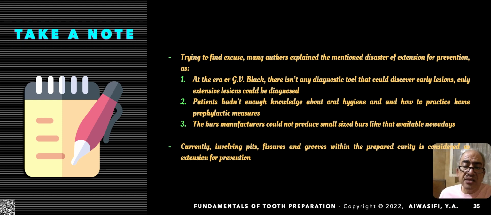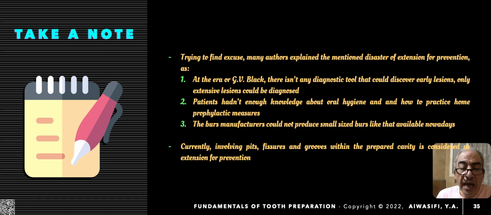Number 1, in this era the bur sizes and the milling machines to construct a bur were not so accurate as to manufacture a small bur like the sizes used nowadays. That's why he already used a large bur.